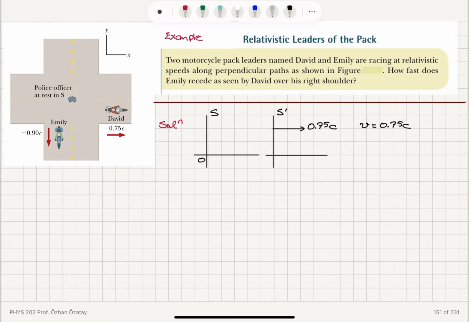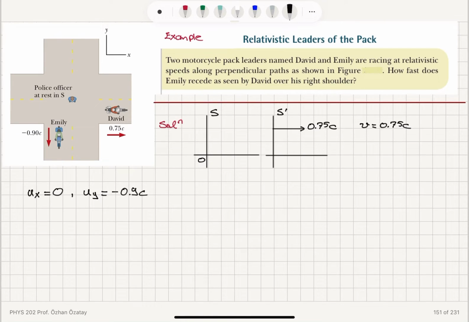The police observer says Emily does not have an X component of velocity, so Ux is 0 in the S reference frame, but there's a y component which is minus 0.9 c.